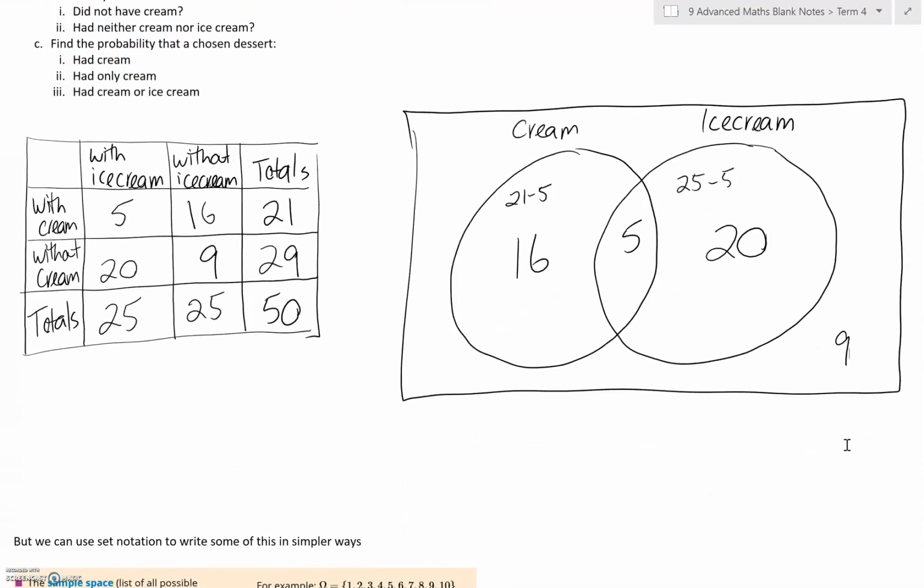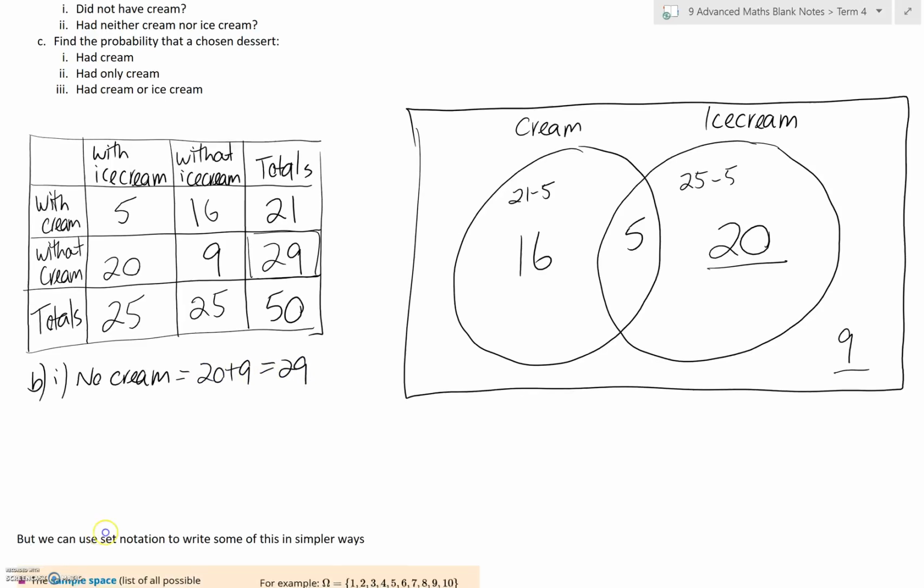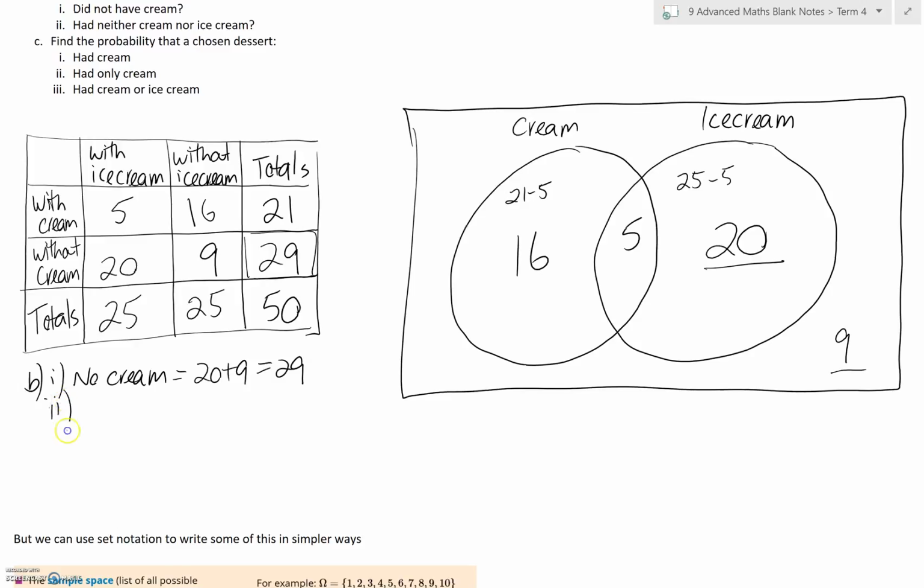How many of the desserts did not have cream? So B. No cream. Well, we can read that off our tables, which would be our total here, no cream. Or you can read that off your Venn diagram, which would be the ice cream section only, and nothing. So 20 plus 9 or 29 would work from both of them.